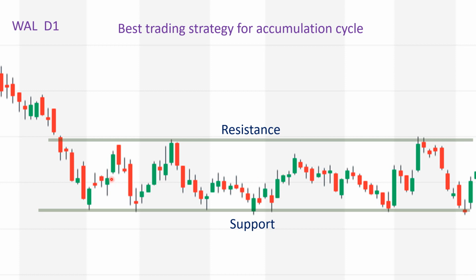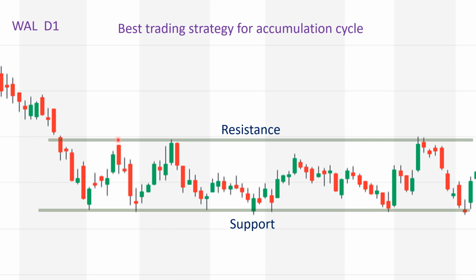The second choice is to consider this accumulation cycle as a range bound. First, look for price rejection at the support level around here, and find patterns that show you a price reversal, like a hammer, and you can enter the market here and put a stop loss 1 or 2 ATR below the support.